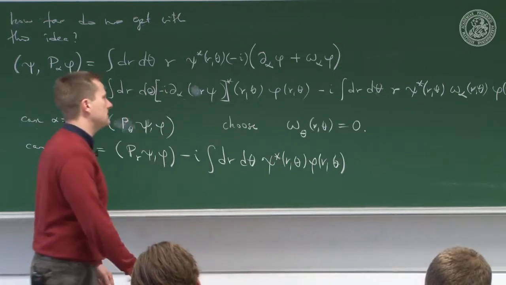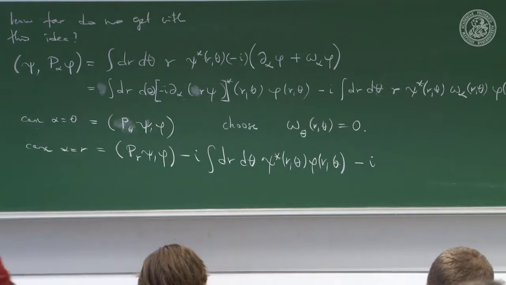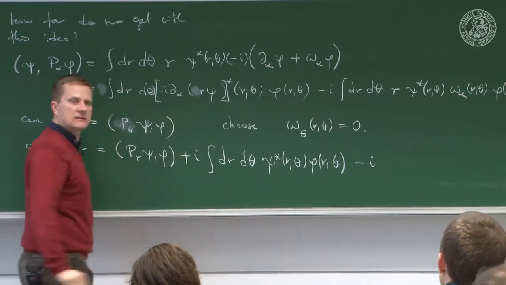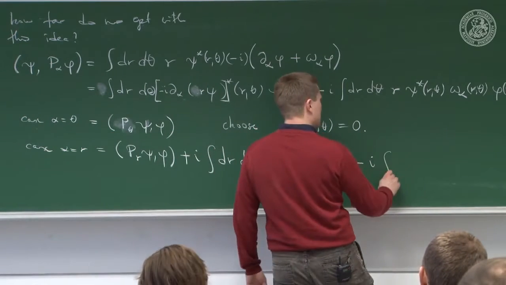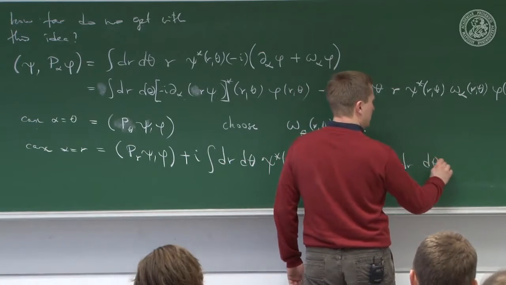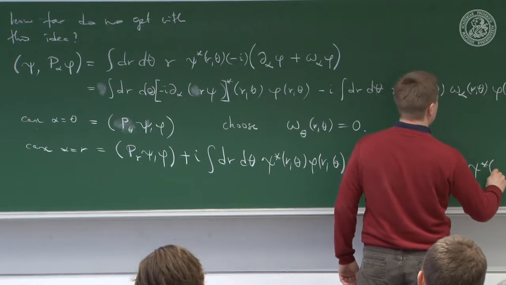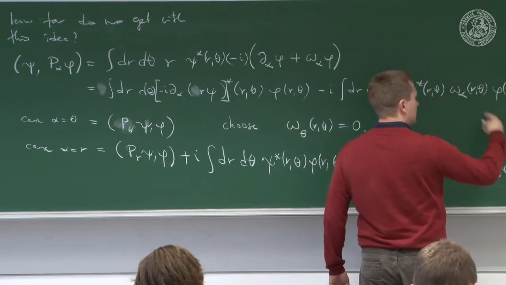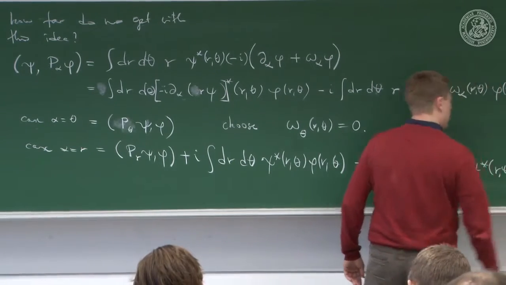We have this minus I, and then we have another minus I. Aha. And that minus I was correct? It was a plus I, because this guy here is starred. I think it must be a plus I. You're positive? Okay. And then now here we have a minus I, integral dr d theta. So there is an r, there isn't. Otherwise, it's the same psi star of r and theta, omega sub r, because we're in the case alpha equals r, of r and theta, and phi of r and theta.